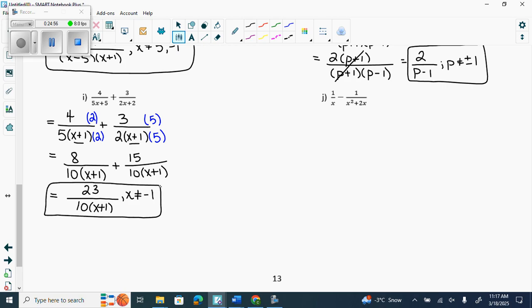To be honest, the ones where you have to take something out at the very first step, the questions are easier. You just have to spot that. So this one, I have to spot that I can take an x out. When I take an x out, I'm left with x plus 2. So look, my monomials are the same. So that's good. I just need to multiply the left by what? x plus 2, the binomial that isn't the same.